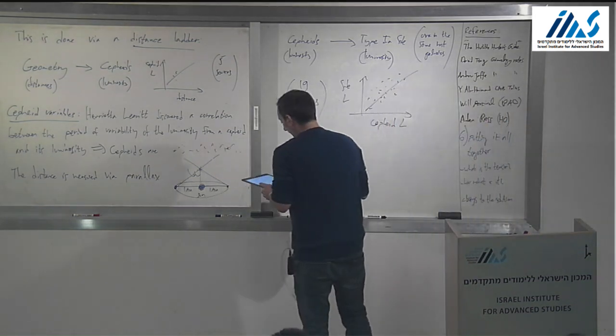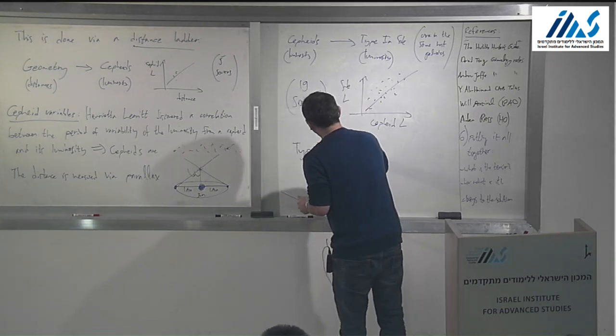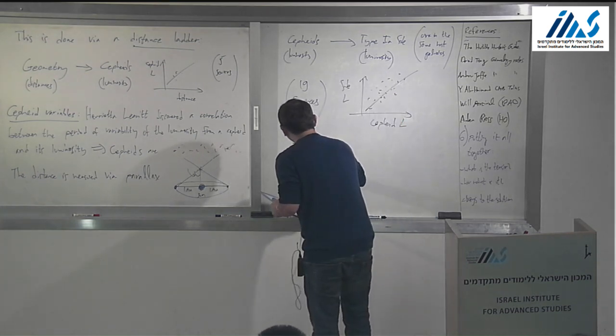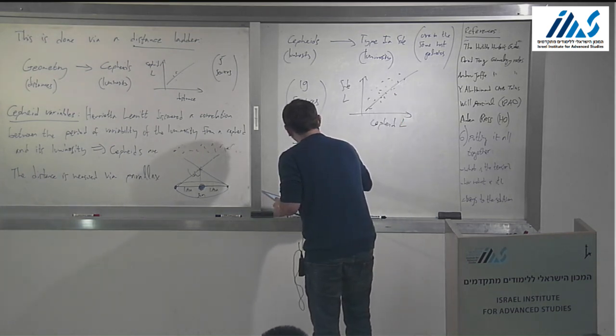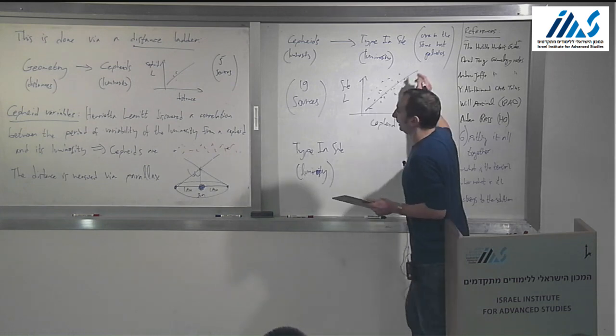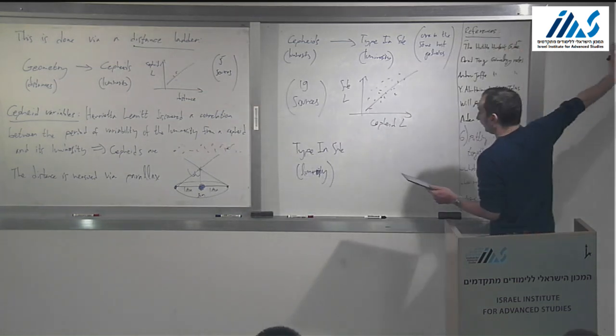All right, and now the last step is to take the type 1a supernovae, measure the flux from them and the luminosity. And by extrapolating what we found before, we keep extrapolating to farther and farther away distances.